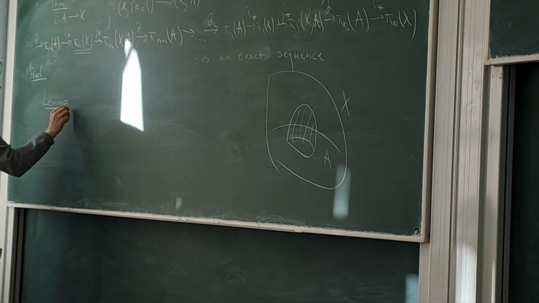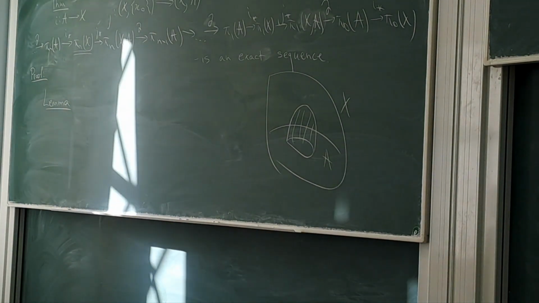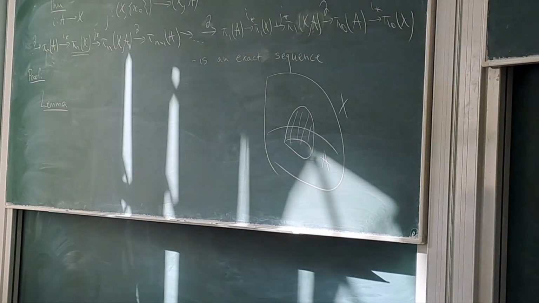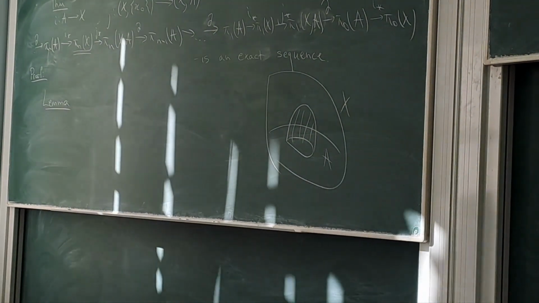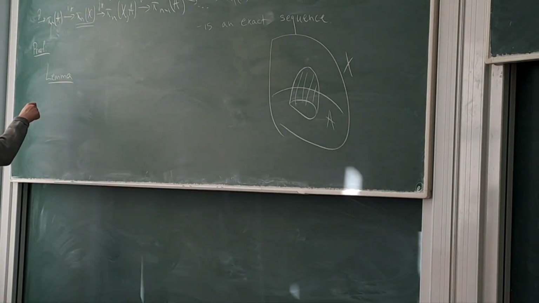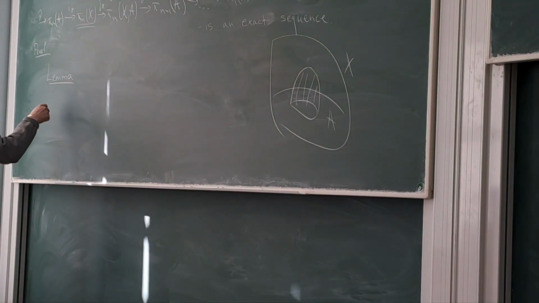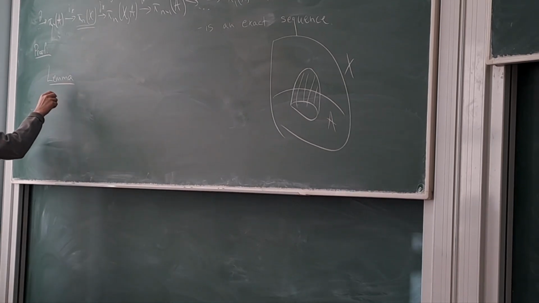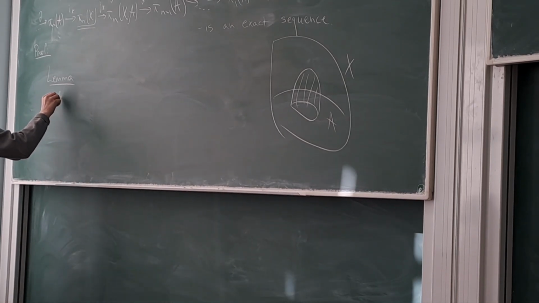Just because I want to formulate the following lemma, because I will need this statement later when we discuss homotopy theory of cellular complexes. I want to formulate it as follows.